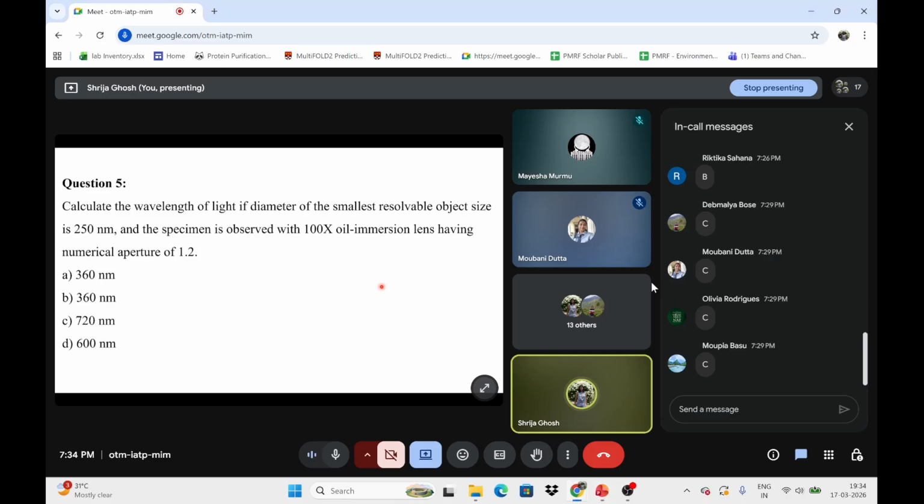If you know the formula, calculate and let me know the answer. You have three options: 360 nanometer, 720 nanometer, and 600 nanometer.